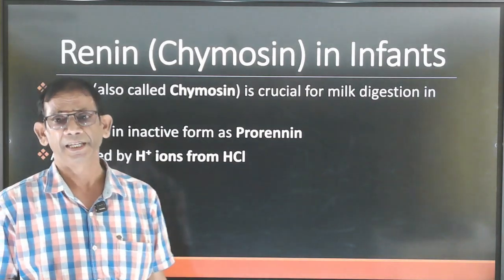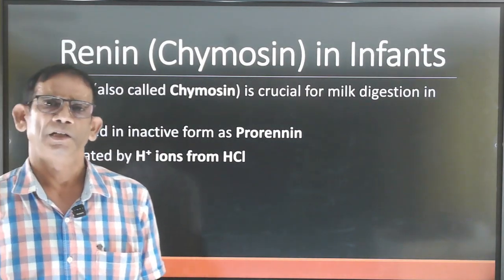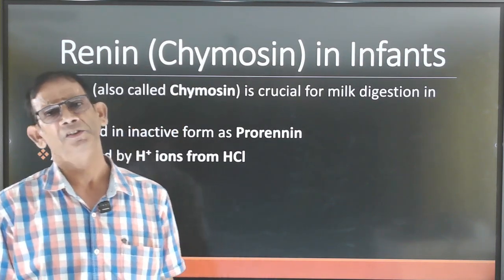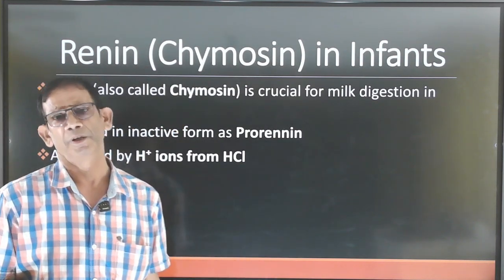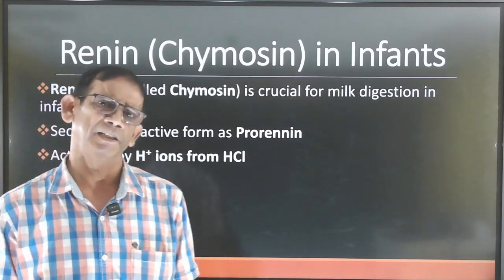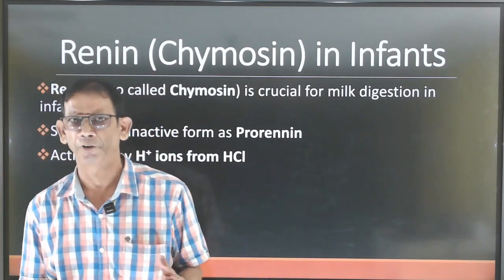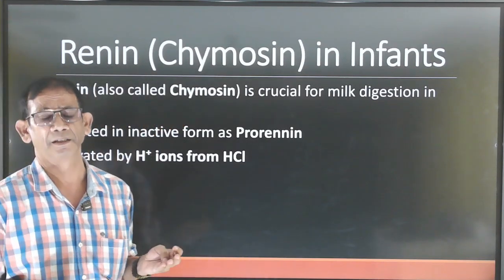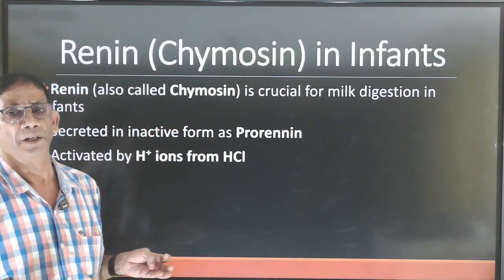Besides this, in case of infants, there is a particular enzyme called renin, which is a milk digesting enzyme. This renin is present in the stomach of infants in the form of prorenin in inactive form, which is activated and formed into renin.